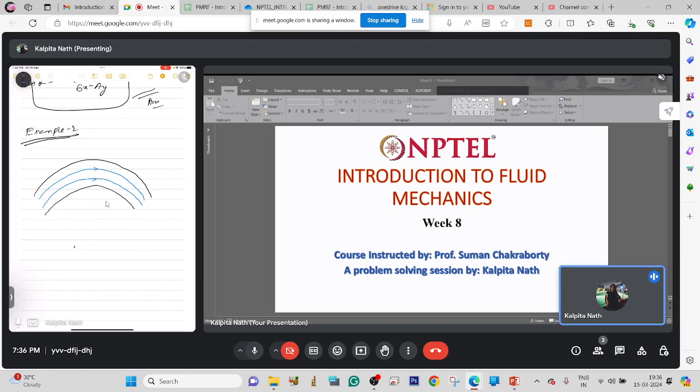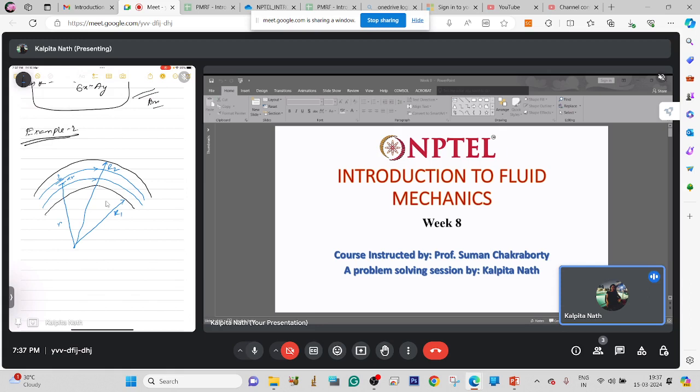Let's suppose we take a radius r and dr thickness of an element there. This is r2, this is r1. Let's suppose this is an arc and part of a circle.